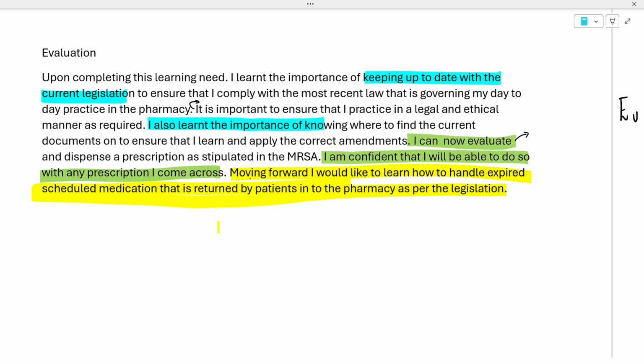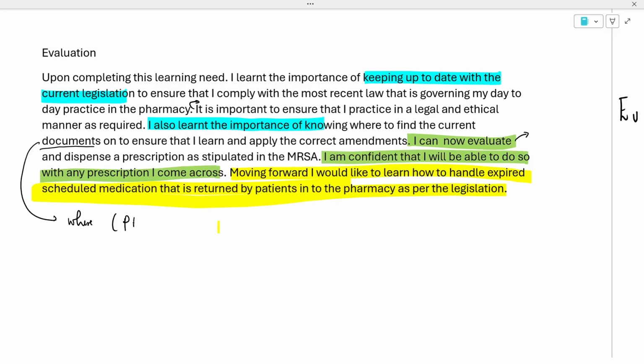Okay, so here, how I would structure this is that you learned the importance of keeping up to date with the latest regulations. This is fine. And then you also learned how to find current documents and ensure that I learn current amendments. What do you mean by this? So mention where did you check them?